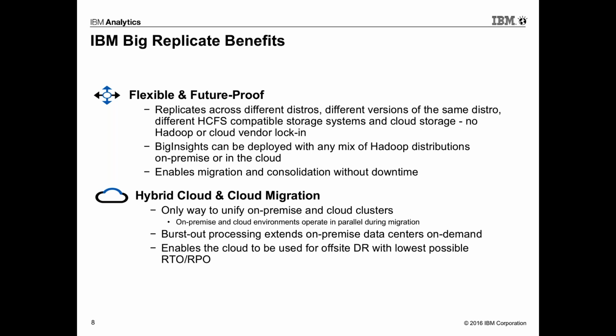They overflow to the cloud infrastructure, where companies can leverage the elasticity associated with cloud infrastructure. BigReplicate allows you to replicate data such that in the case where you need that extra computing power, the data is there for you to process, just as if it's in your primary data center, which is on premise in other cases.